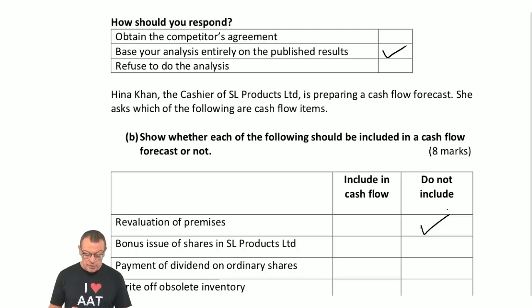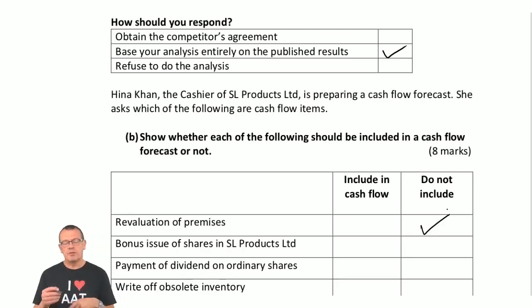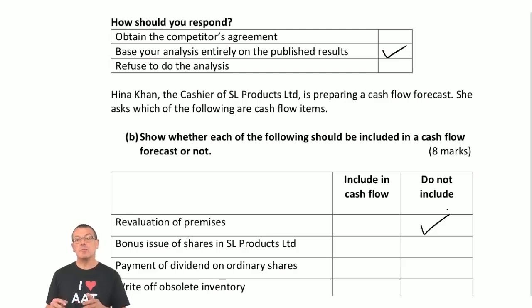Now, let's have a look at the bonus issue of shares by SL Products. So what's happened, they've done very well, and what they decided to do is to issue shares to existing shareholders. You get bonus shares, it could be 1 for 2, 1 for 3, it's very nice. However, they're not paying a dividend. They could be using reserves for this. So they're not actually paying anything out.